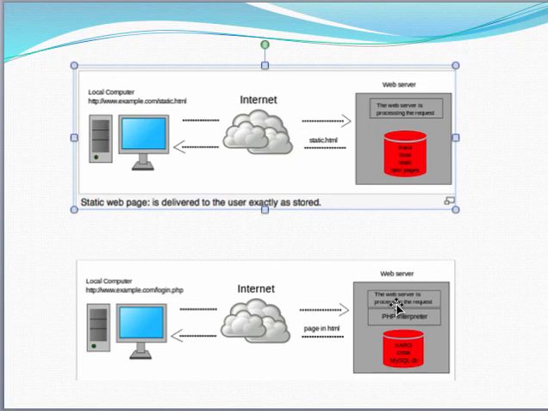Okay, in the static web page, we have to change the HTML because there is no database system feeding the static web page. While in the dynamic web page, there is a database system feeding the page. That's the difference, and that's something that we have to take into consideration.